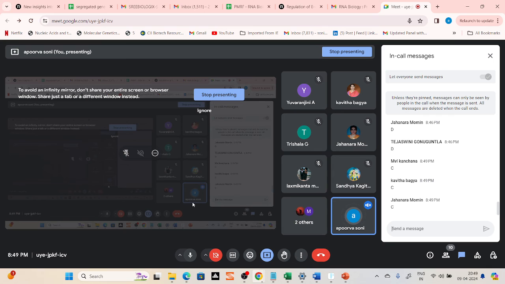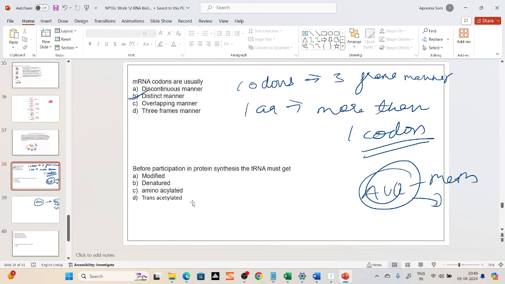Kanchana has answered C, Kavita has answered C, Janara has answered C, which is amino acylated. Yes, correct. So, tRNA must be amino acylated. That means an amino acid should be added to the tRNA, which is known as the charging of the tRNA.